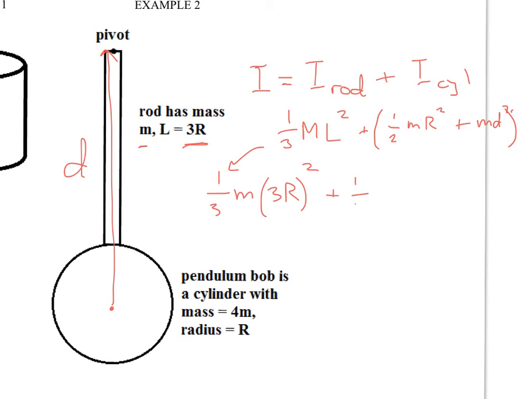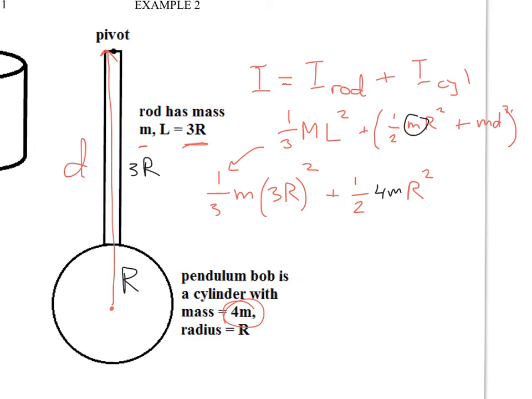The mass of the cylinder is 4m, so the m right here we're going to have to replace with 4m. Its radius is r, so r squared. And then the d over here: if we map out what that's going to be, it's r plus, since the length is 3r, another 3r.